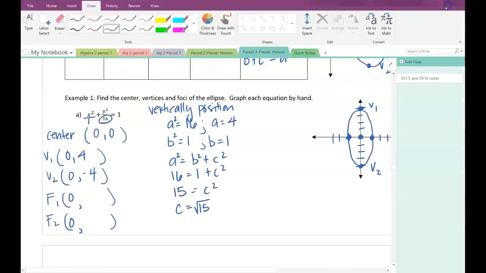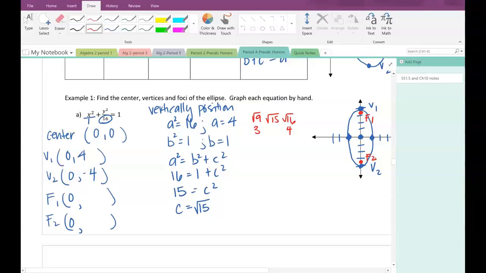Let's just say square root of 15 is about between the square root of 9 and the square root of 16. So this is 3, this is 4. So closer to 4. So somewhere here, how about that? So we can say that's focus 1. And that could be focus 2.